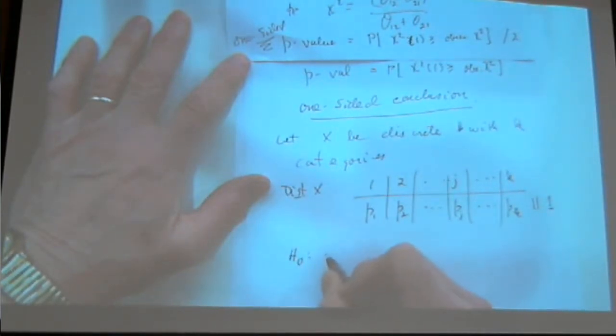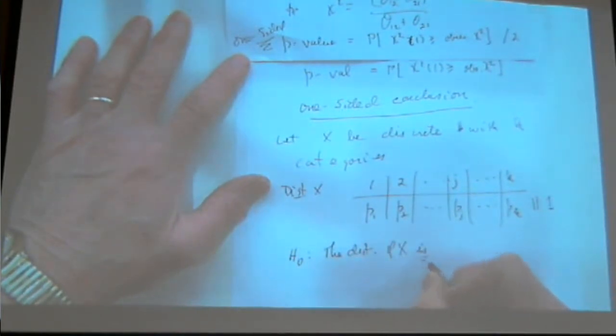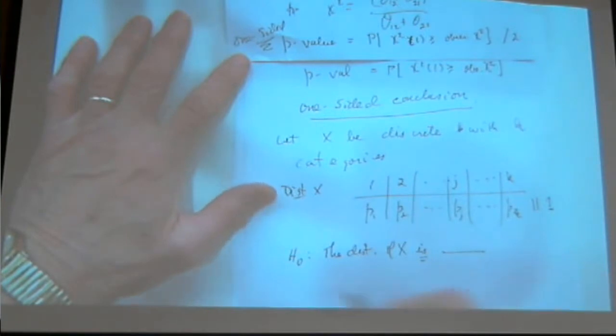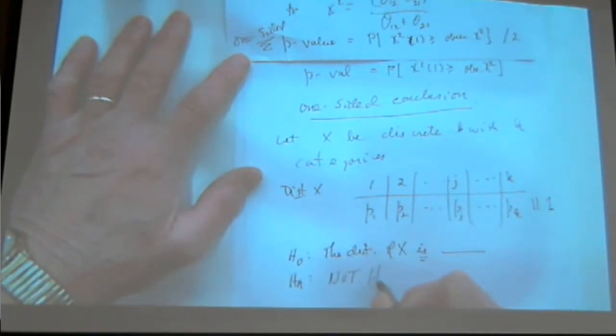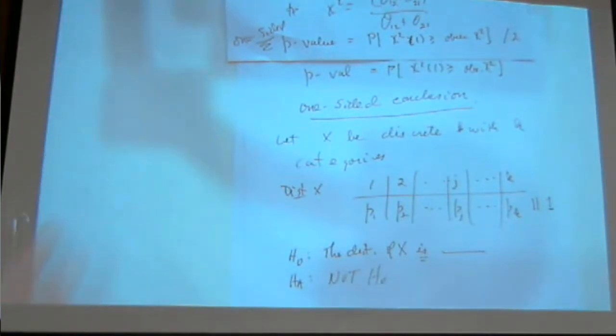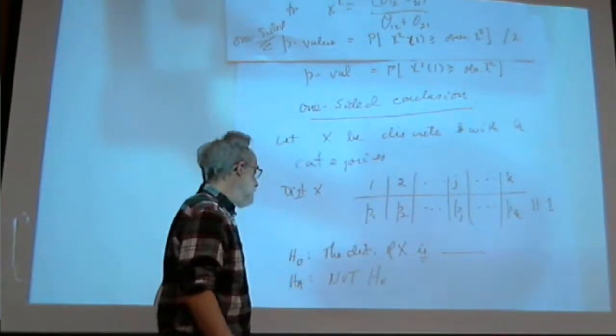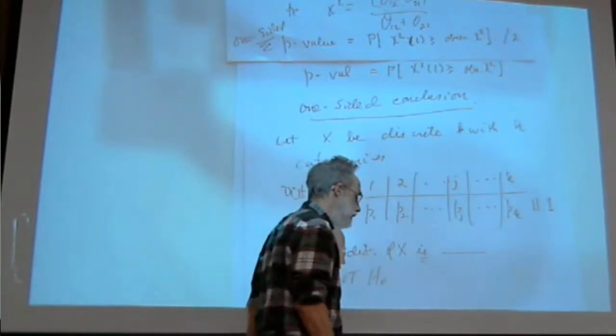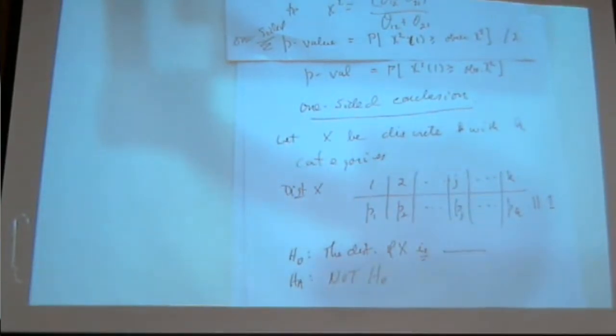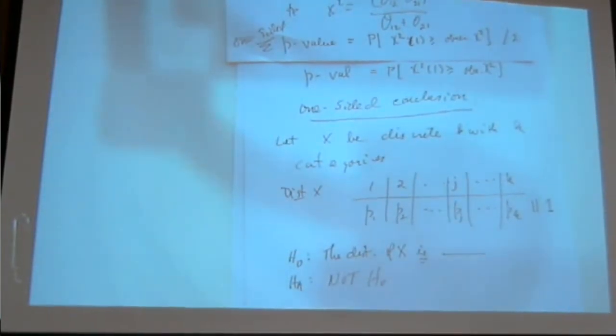And H naught is that the distribution of X is this, and then the alternative is actually just that it's not H naught. I don't know what it is, but it's not H naught. Okay? And then the test is the chi-squared goodness of fit test.